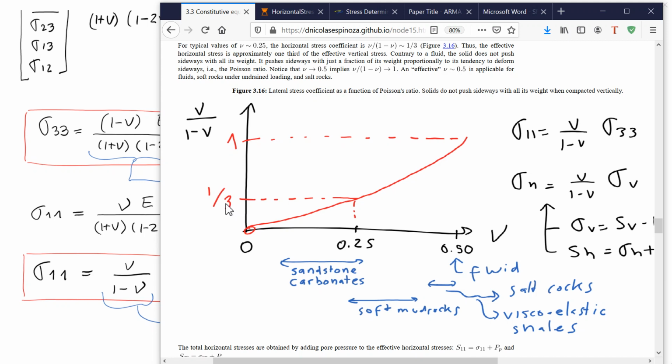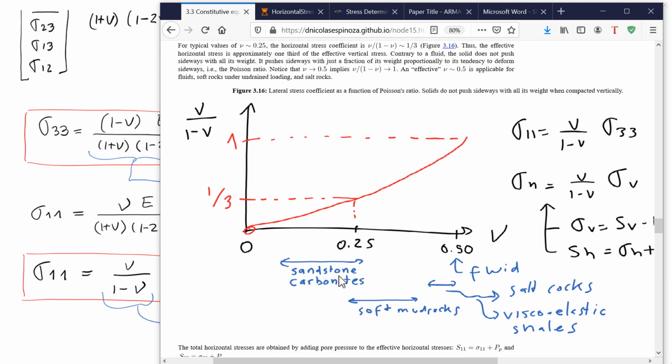It's just pushing with 1/3 of the weight for a given Poisson ratio. Most rocks have a Poisson ratio which is 0.25 or even smaller. Many carbonates have a Poisson ratio which is in the order of 0.1, 0.15.